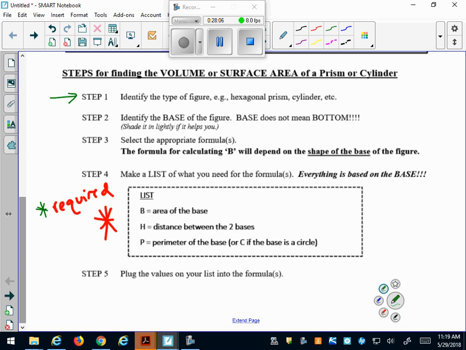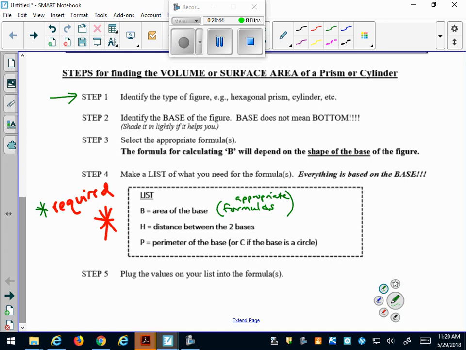When I ask you to find volume or surface area on homework, test, quiz, formative, doesn't matter what, this list is required. Capital B, area of the base. This is where whatever formula goes with the shape that is the shape of the base. Right? You got to use the appropriate formula. Height is the distance between the two bases, and the perimeter is the perimeter of the base.